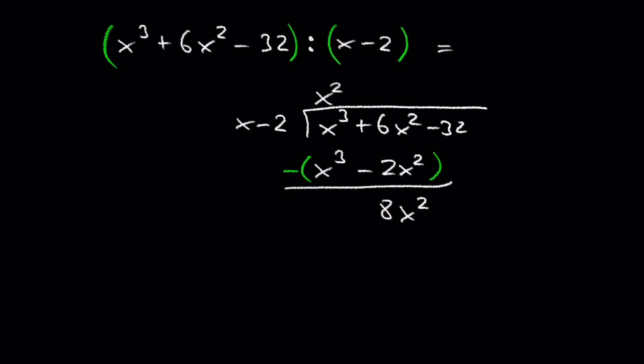And don't make the mistake here to bring down the negative 32, because after x squared, we have to bring down something with an x. Something with an x is missing here, so we have to bring down 0 times x.